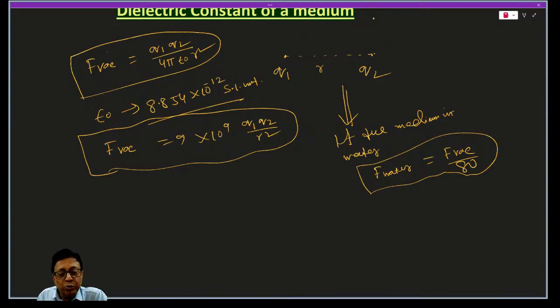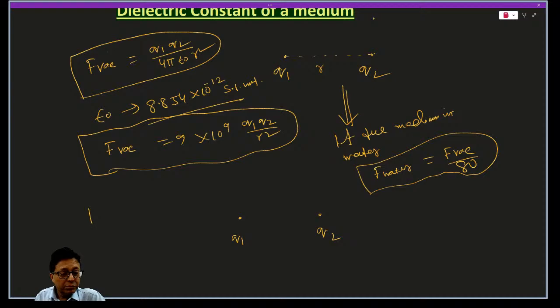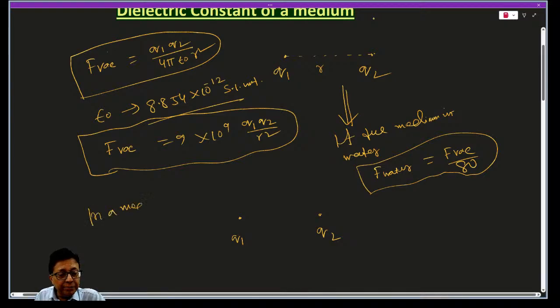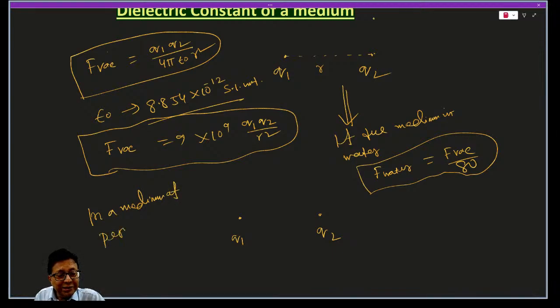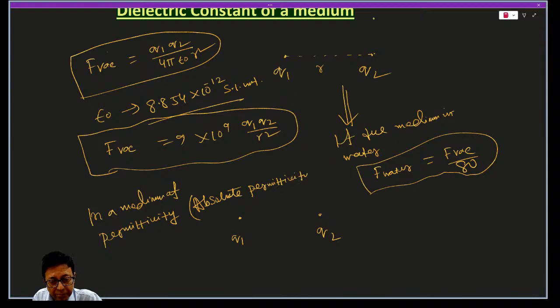Suppose between two stationary charges Q1 and Q2, this is not done in vacuum, but in a medium of absolute permittivity epsilon.